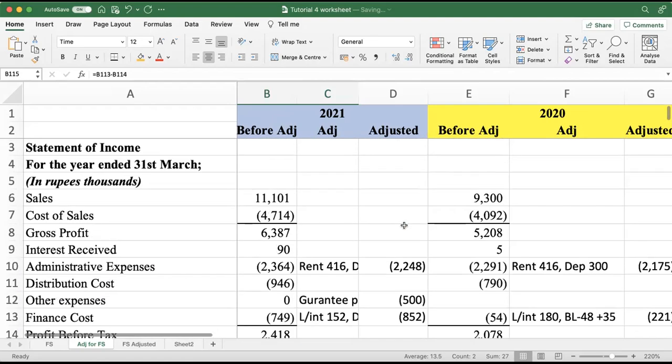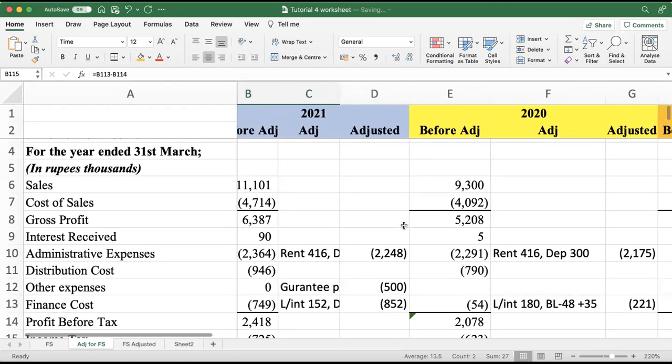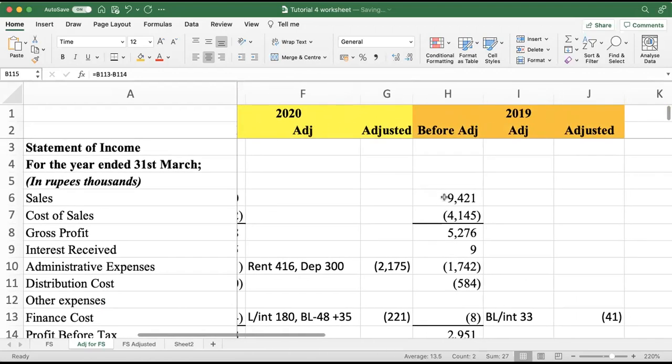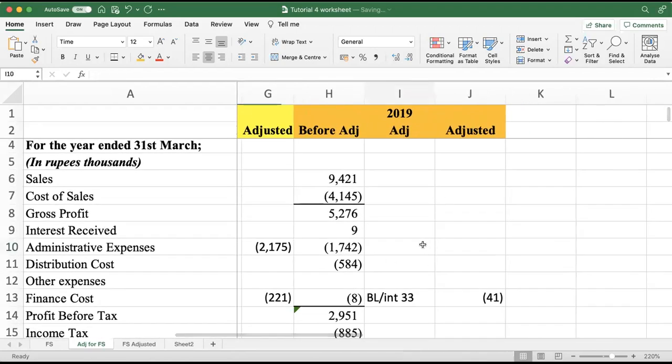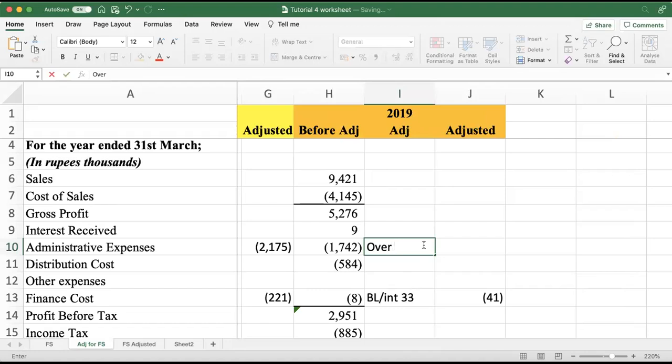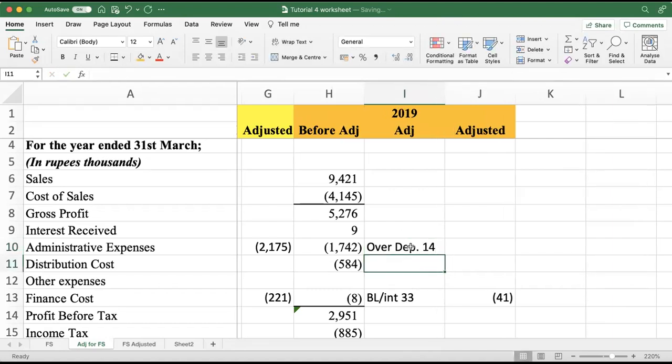You see the financial statement, administrative expenses, 2019, administrative expenses adjusted for over depreciation. Over depreciation 14. So you adjust over depreciation 14.